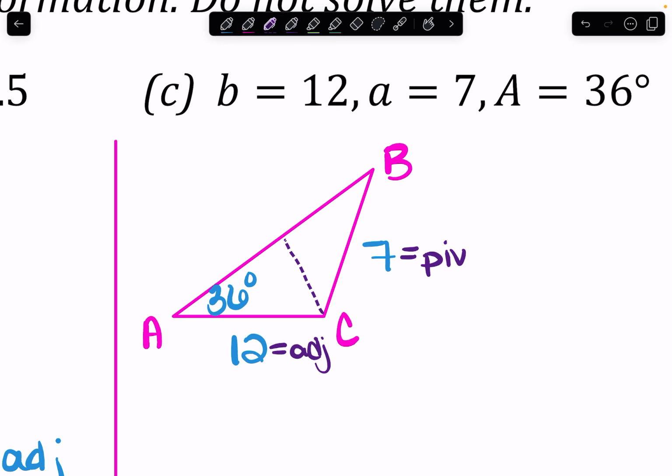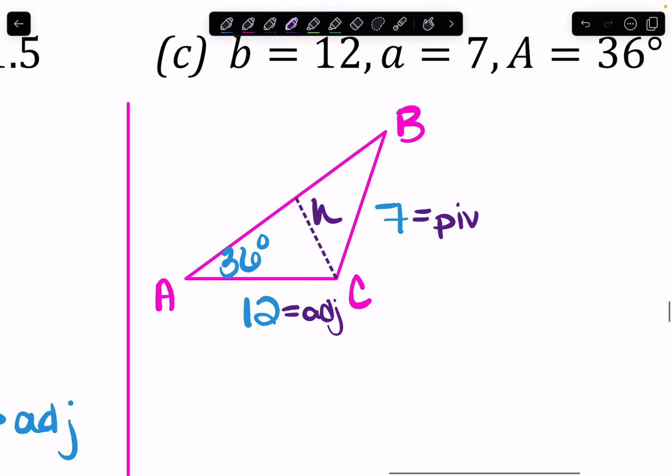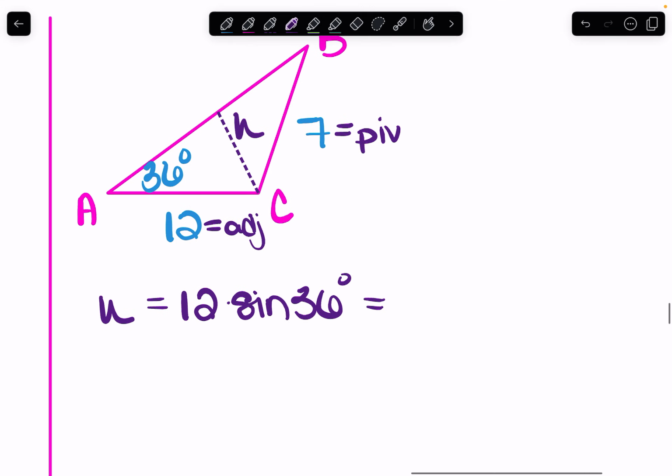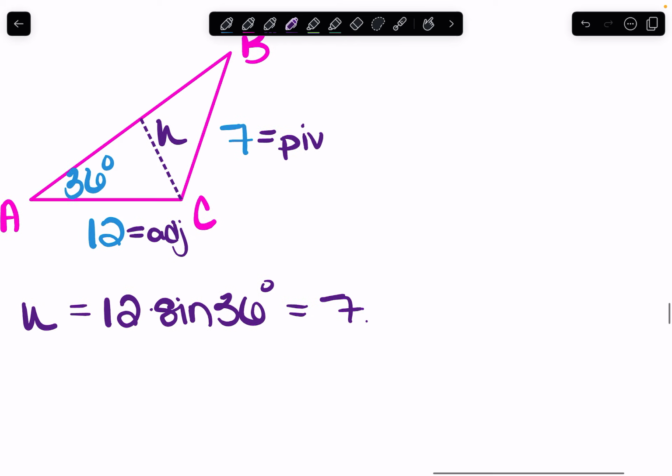So this is the height we're going to calculate. That height is this hypotenuse, which is the adjacent side, 12, times the sine of the given angle, 36. So our height is 12 times the sine of 36, 7.053.